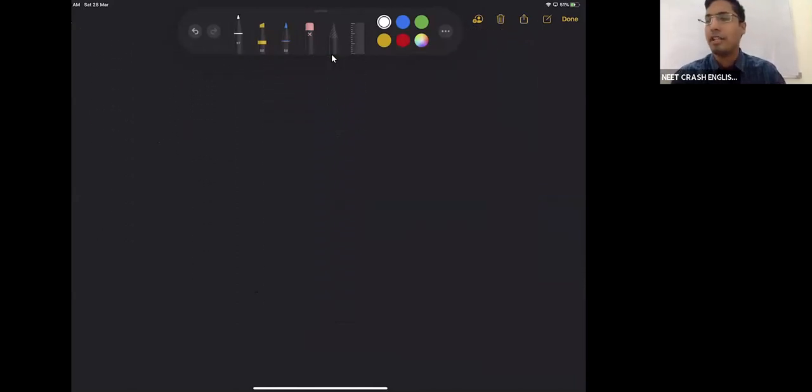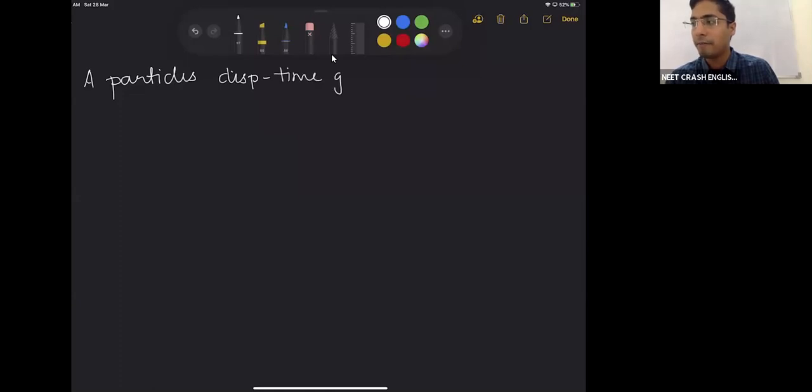There is a particle, and I'm showing you that particle's displacement time curve graph. This is what it looks like.